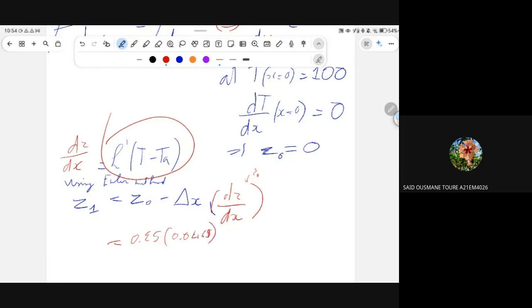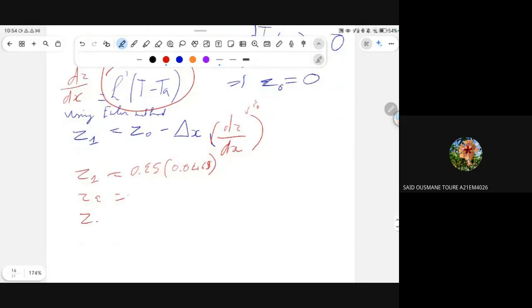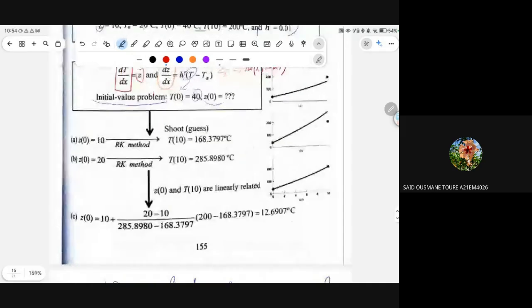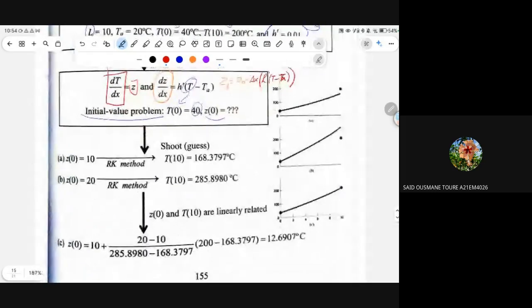Okay, just like that. So Z1 equals this, Z2 equals this, Z3 equals this. After this, you have the value of Z.